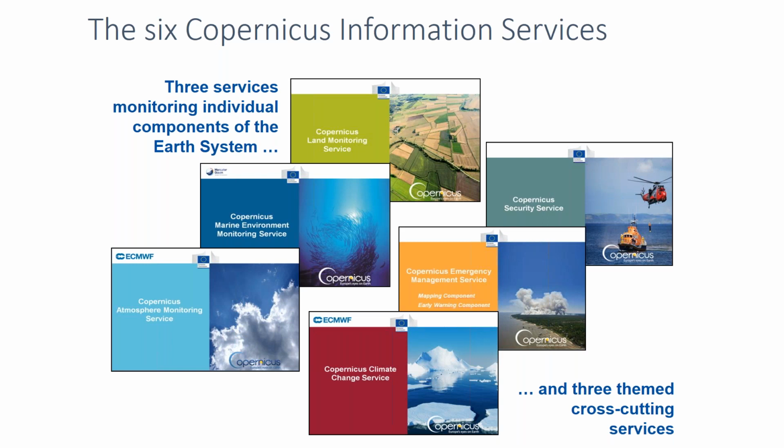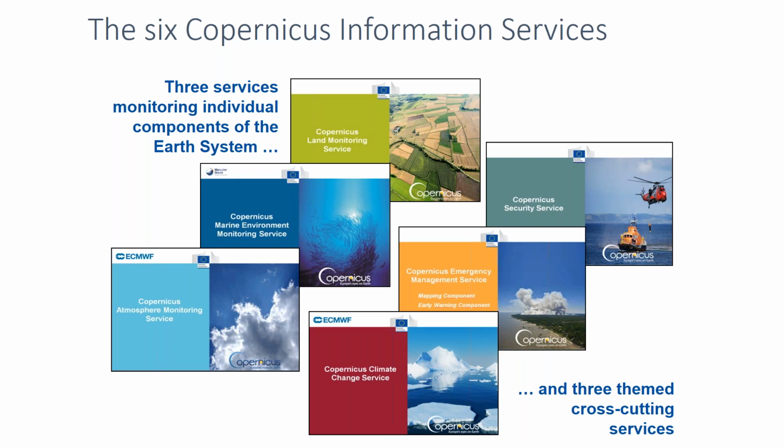And the way that these work is they're supposed to use, of course, the Copernicus data, but any other data and models to be able to serve the users, the different use cases in society for environmental information. And the climate change service in particular was very new, something that didn't really exist at all and had to be built up from scratch.